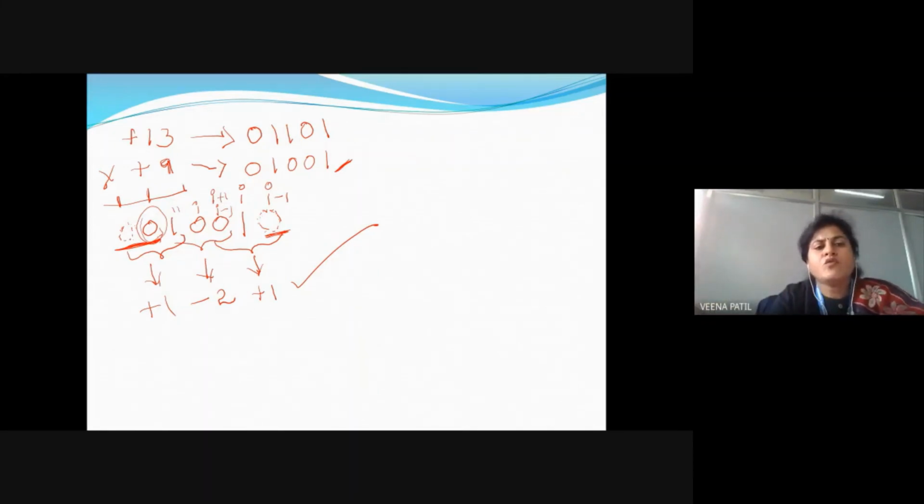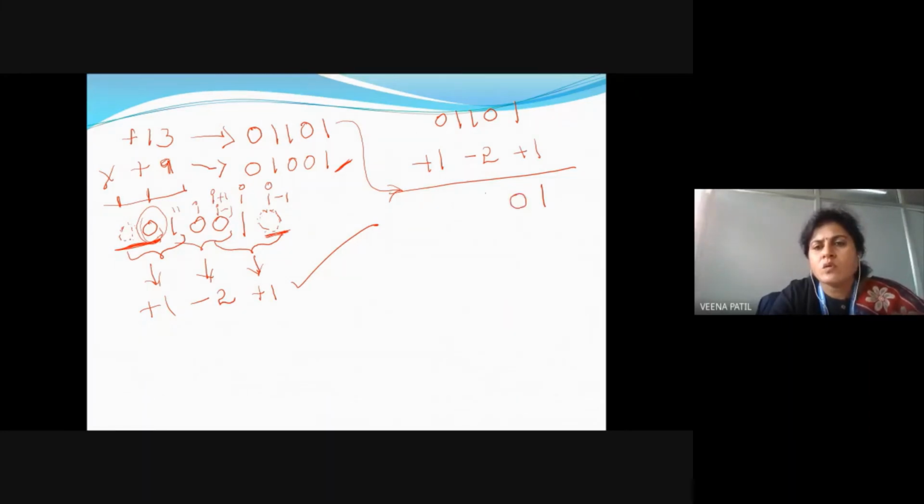Now what we are supposed to do: write down the multiplicand, then write the recoded multiplier. Now if it is plus 1, what am I supposed to do? Simply write the multiplicand as it is. So I will write it as 1, 0, 1, 1, 0.